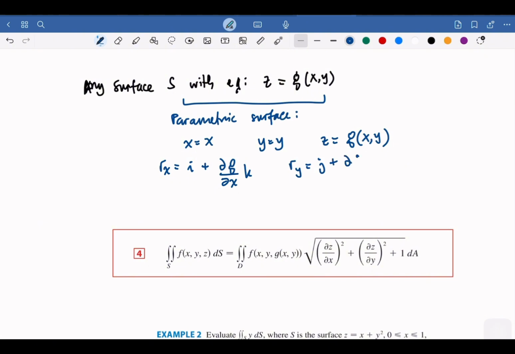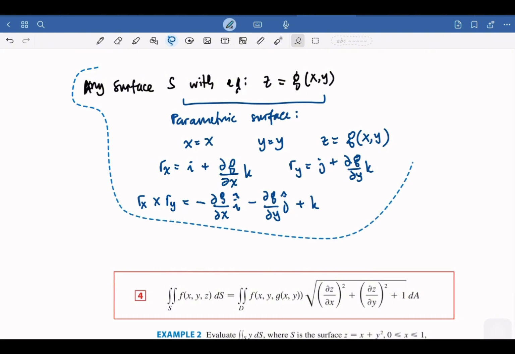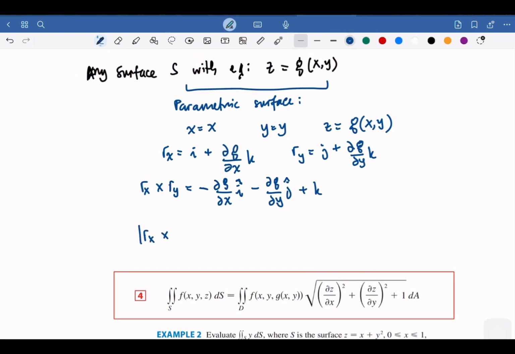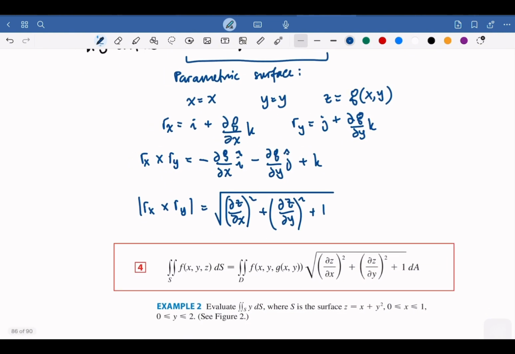Then R_x cross R_y, based on the cross product, we're going to have, and then plus k, and then take the magnitude.